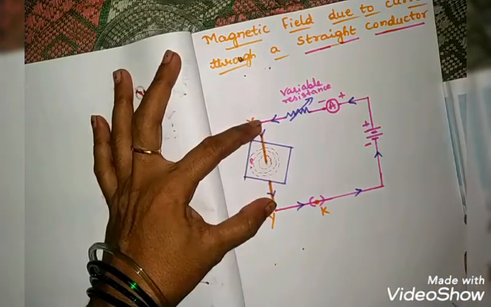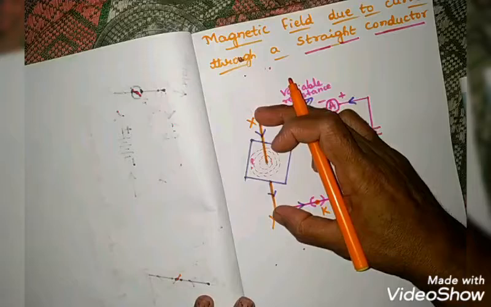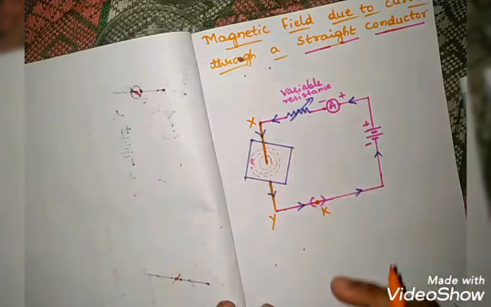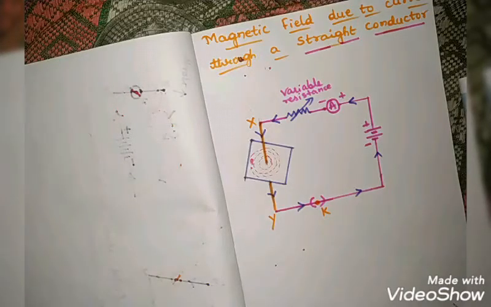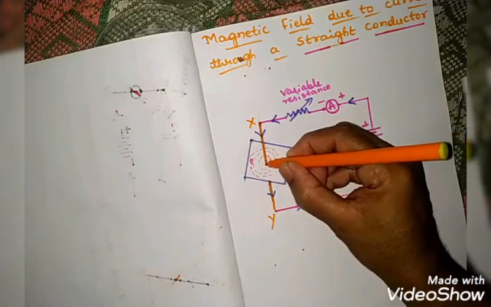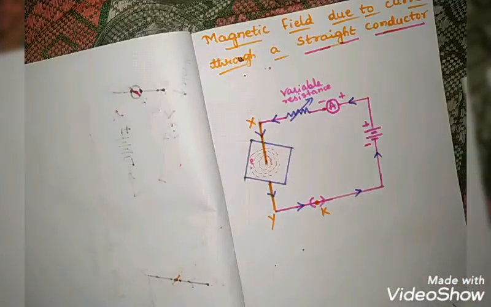Correct? And it is connected to a copper wire, and here we are taking a rectangular cardboard. For that, we are fixing the straight copper conductor. If it is a rectangular shaped one and the copper wire is inserted at this point, you can observe, children, it is inserted into the middle of the cardboard.